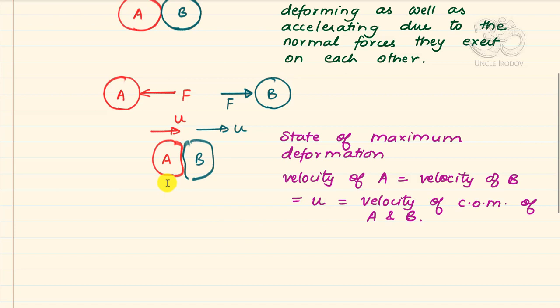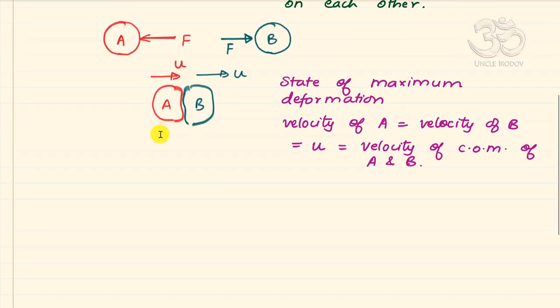Now what happens after this? So after this, one of the three things will happen. First, there may be a case where A and B are made up of such kind of materials that are completely plastic, that don't want to go back into their original shape and size.